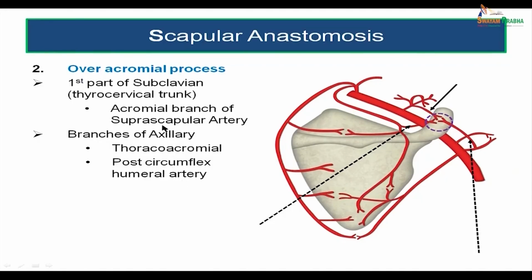Now, we already know that the suprascapular artery is a branch of thyrocervical trunk, and we also know that the posterior circumflex humeral artery is a branch of third part of axillary artery. So, between these three branches there is an anastomosis over the acromion process. This is called as the anastomosis over acromial process.